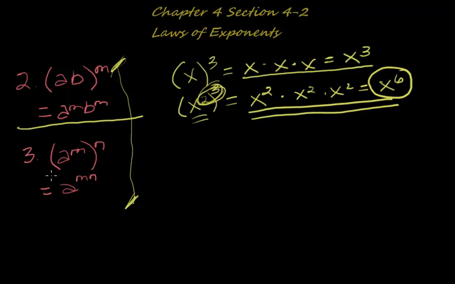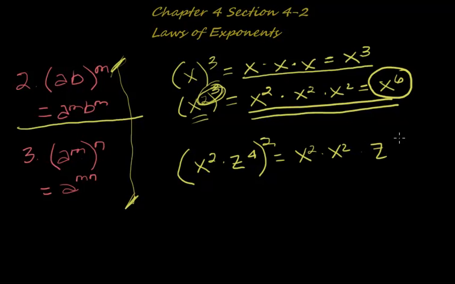That is this law, and it's connected to the third one in that, as I just said, I use this law to prove this. So if we have x to the second times z to the fourth, all squared, we have x squared times x squared times z to the fourth times z to the fourth.